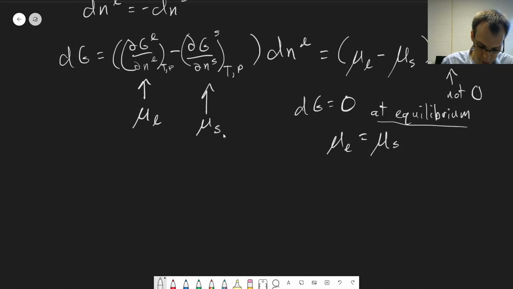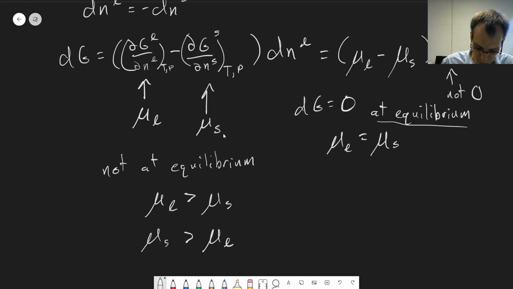Okay? And if the phases are not in equilibrium, then either mu L is greater than mu S, or mu S is greater than mu L, right? Those are the only options here. So if mu L is greater than mu S, what's going to happen?